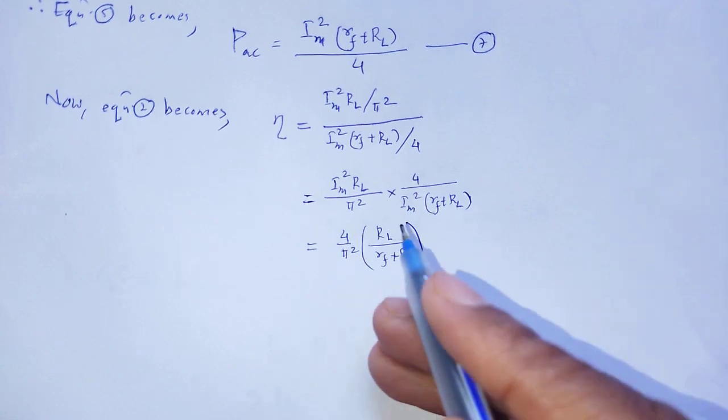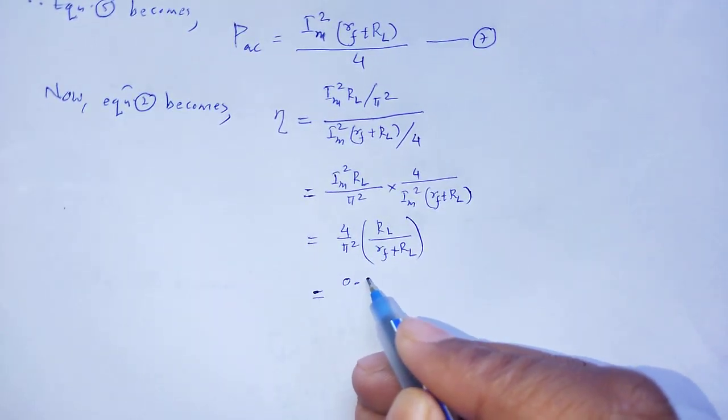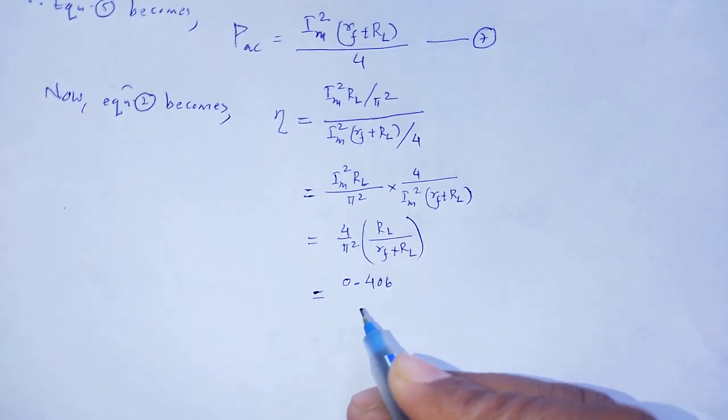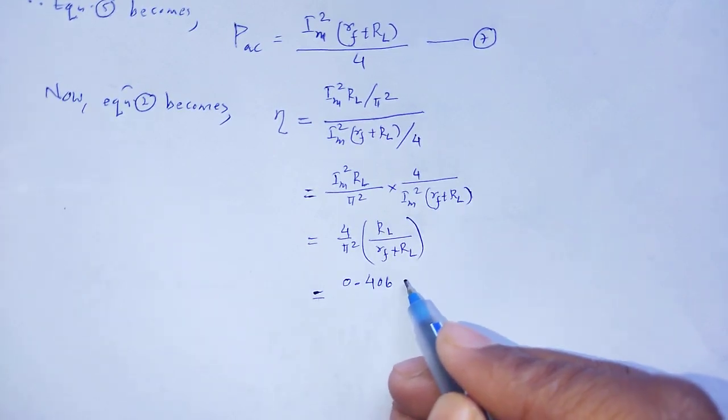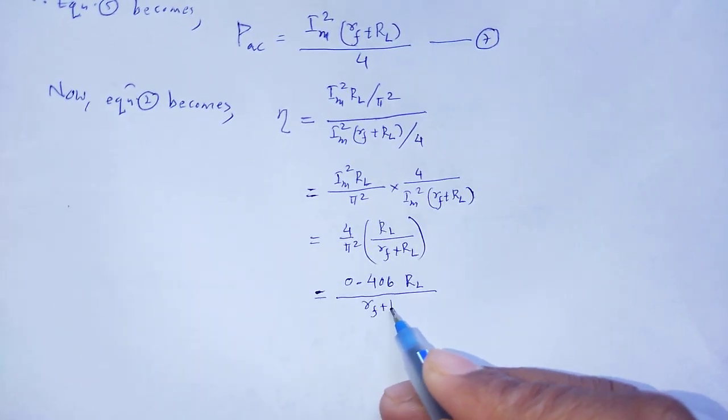Four by pi square, that value is around 0.406, into RL divided by Rf plus RL.